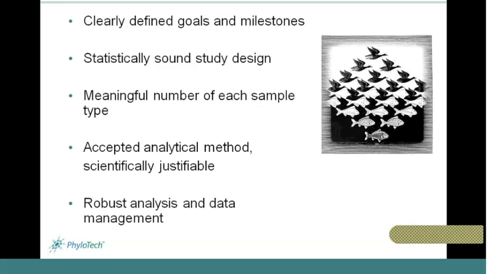And that leads into the next point, meaningful number of each sample type, making sure that your cohorts are well annotated and that you understand how they've been characterized. You want to use an accepted analytical method that's scientifically justifiable. I think that goes without saying.